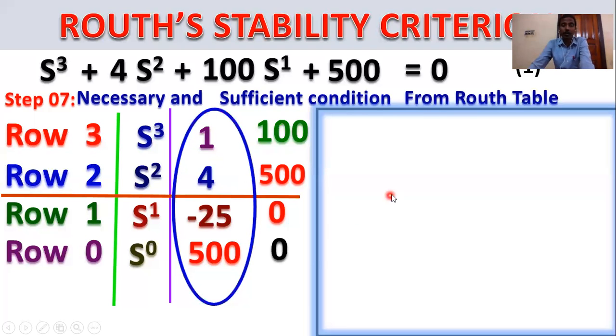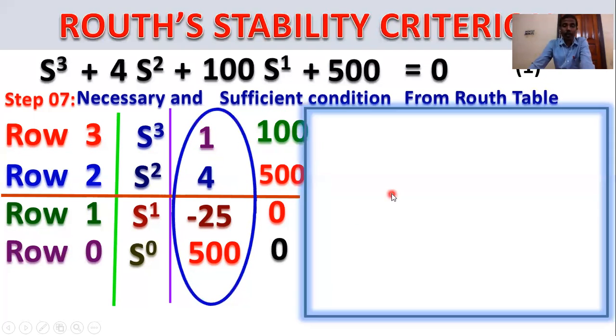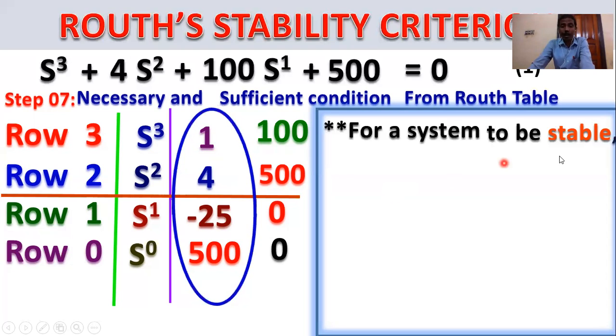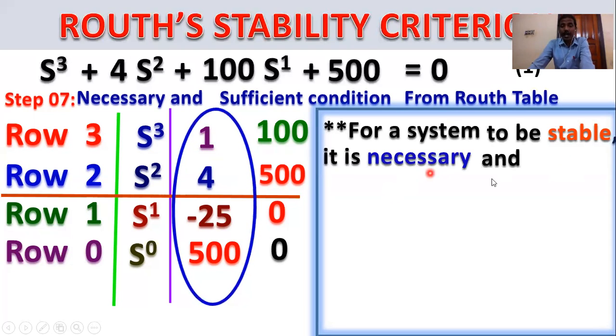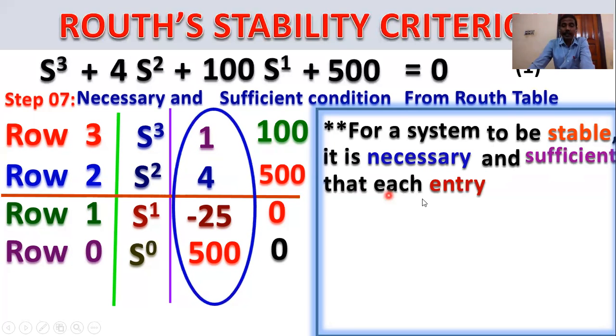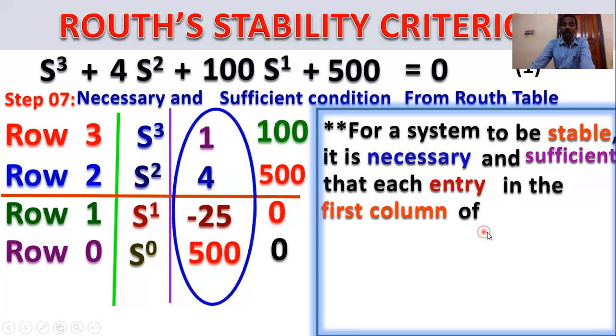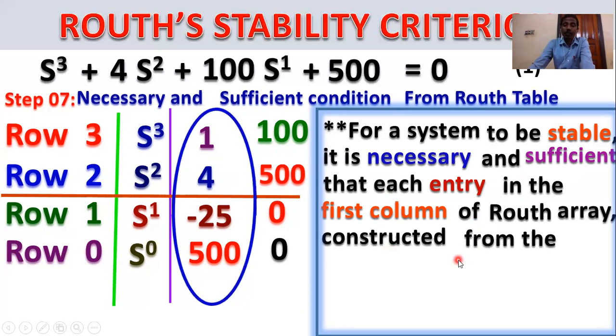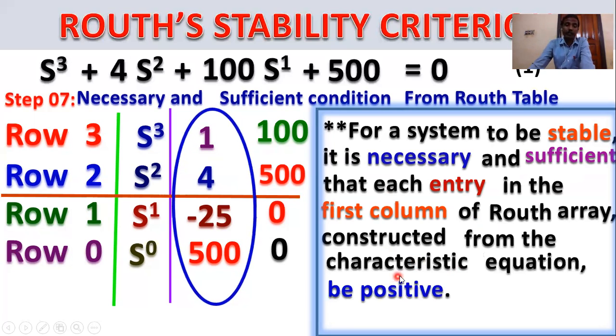So what is the conclusion? For a system to be stable, it is necessary and sufficient that each entry in the first column of the Routh array constructed from the characteristic equation be positive.